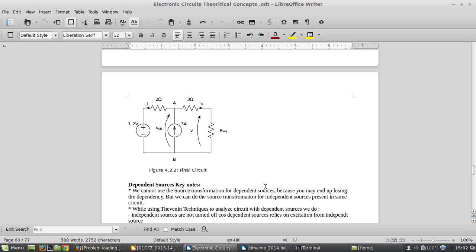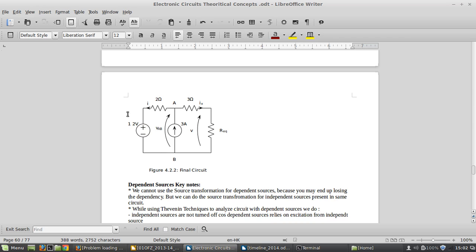Because doing the source transformation, it will lose its behavior of being a dependent source. So to avoid losing the dependent behavior of a dependent source, you should not use the source transformation for dependent sources.